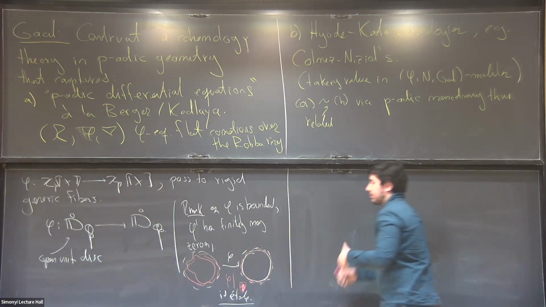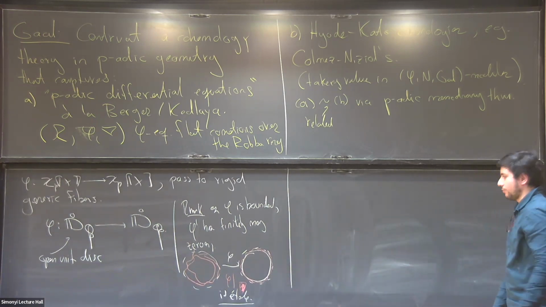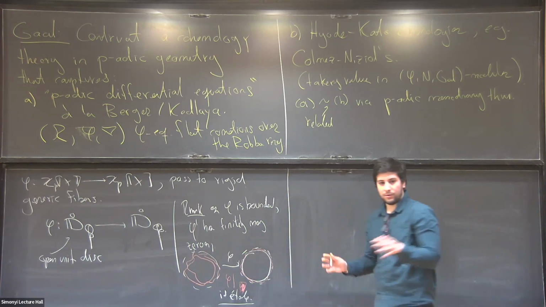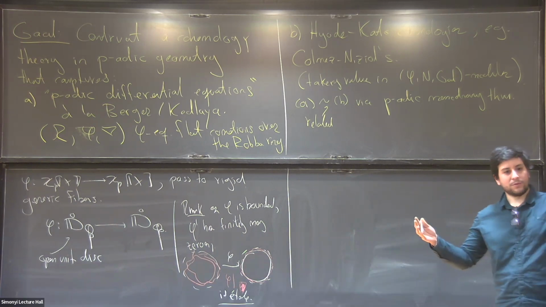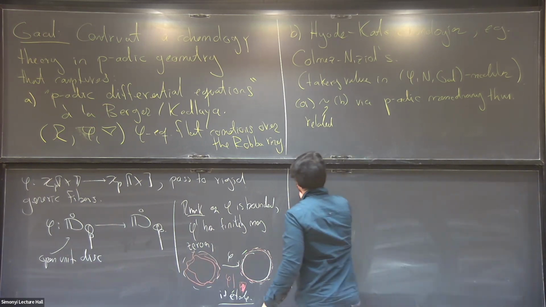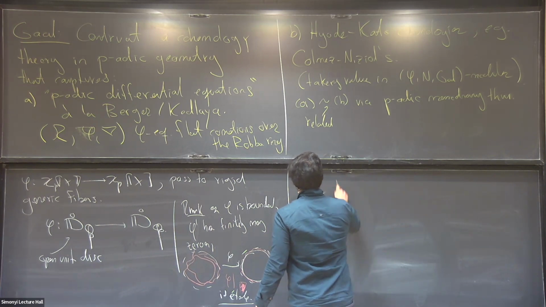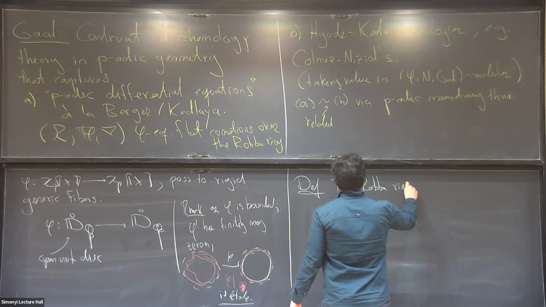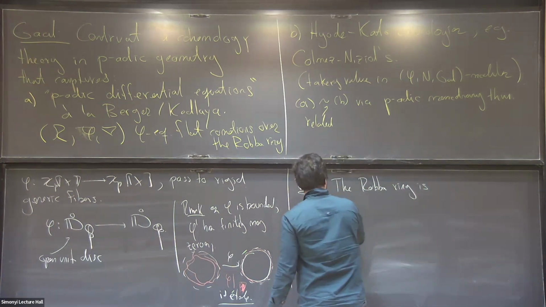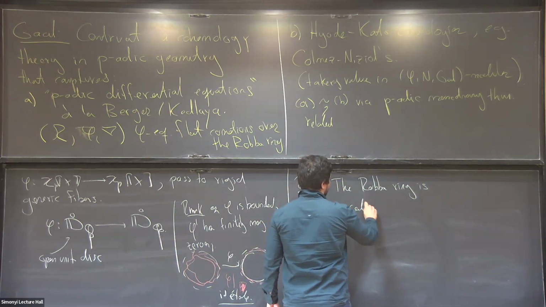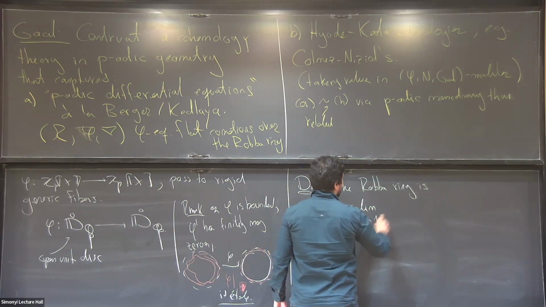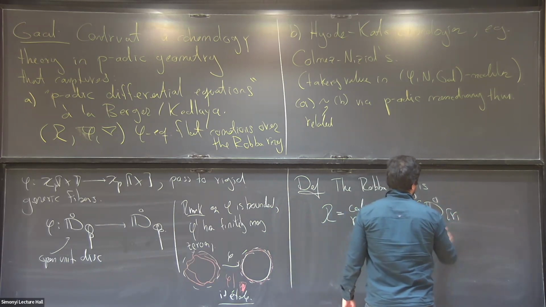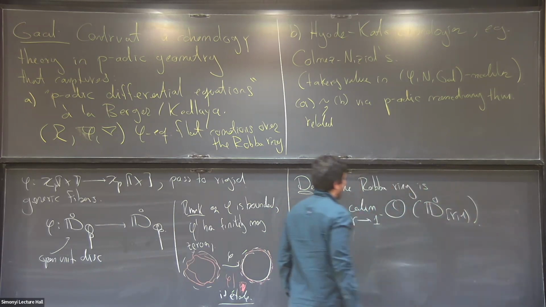So some construction that people do in p-adic Hodge theory is this Robba ring, which basically consists in, okay, let me just not take some fixed annulus, let me just take the colimit over all of them. So definition, the Robba ring is this thing, which is just this colimit as r goes to 1 of functions on the annulus of radius r to 1 here.